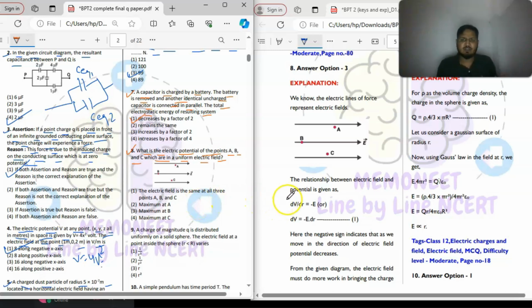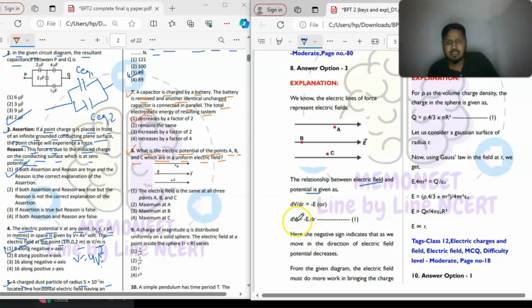As students, we know the relation between the electric field and the electric potential is dV by dr is equal to minus E, so dV is equal to minus E dot dr. What does the minus indicate? It indicates that when we move in the direction of the electric field, the potential will decrease. So it means what?